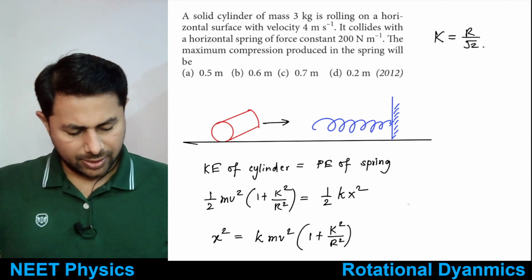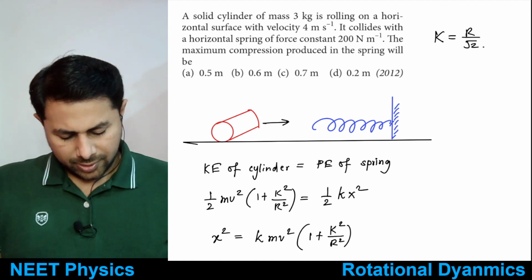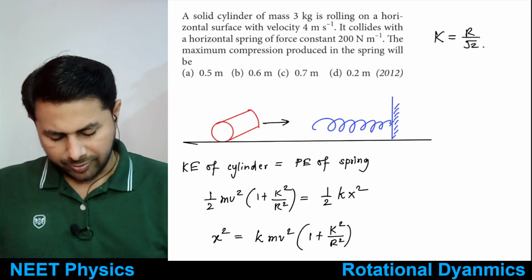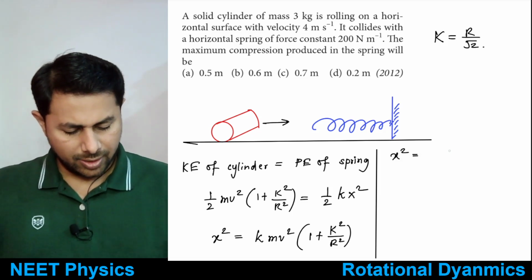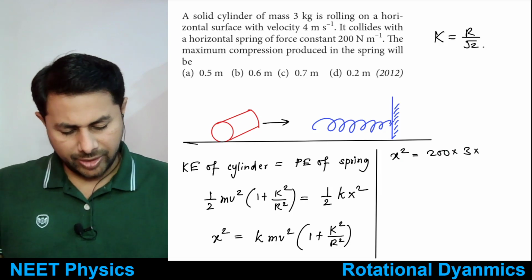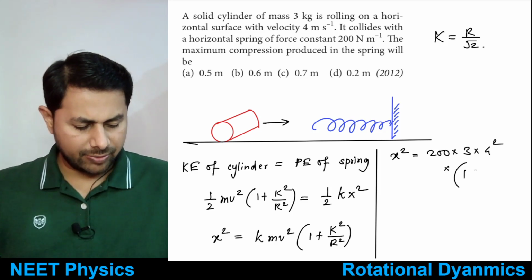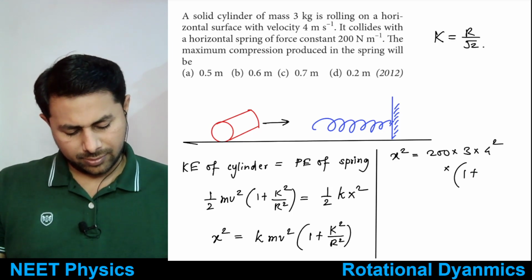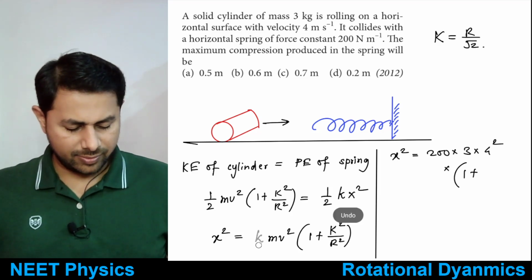Then put the values. There is nothing, right? So let's put the values. We have x square is equal to 200 multiplied by, what's the mass, 3 multiplied by v square, that is 4 square, multiplied by 1 plus k square by r square. The spring constant should come in the denominator. Yeah, correct.